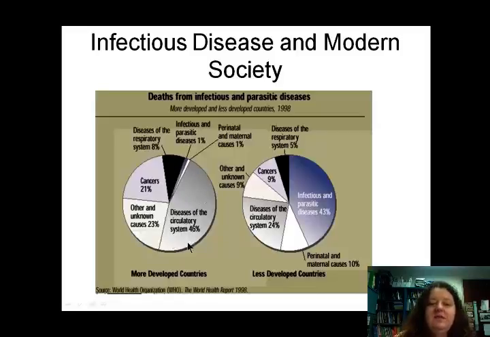Diseases of the circulatory system, 46%, cancer, 21%, infectious disease, tiny little slice of the pie, 1%. And then here's those other countries like Sub-Saharan Africa, Southeast Asia, where people are poorer in terms of money. 43% of deaths there due to infectious disease. Look at that difference. That is huge, okay?